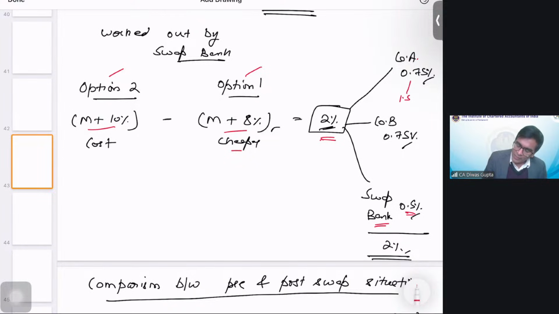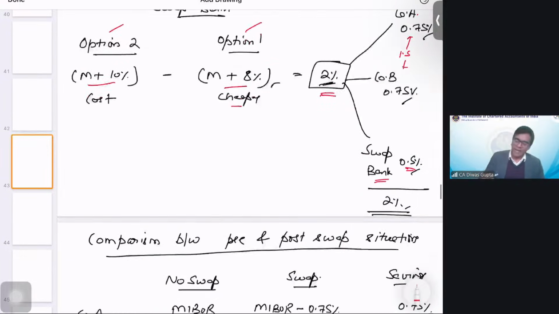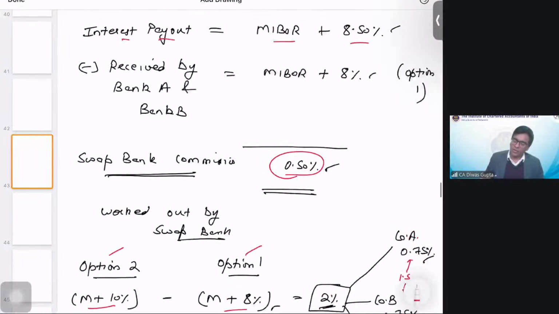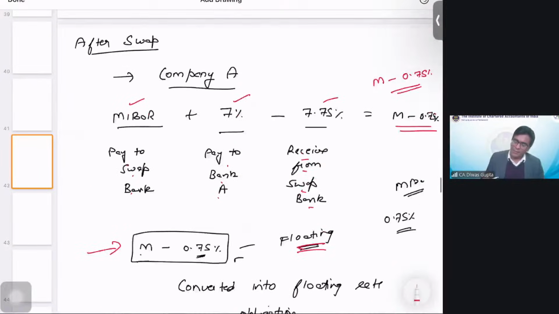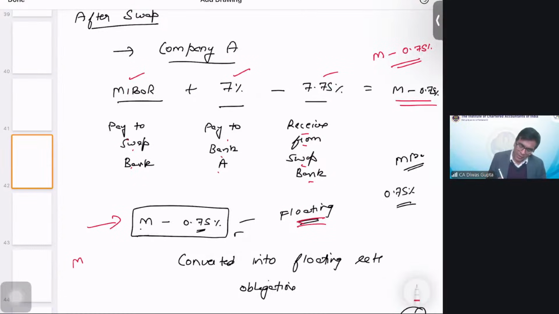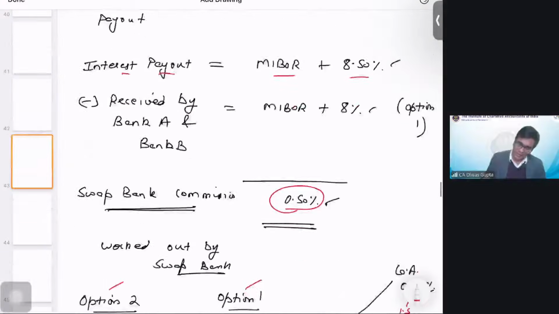So 1.5 will get distributed into 0.75 between company A and company B. And hence, if you see both of them, company A would have borrowed at MIBOR, but they are able to reduce it to MIBOR minus 0.75. So basically, this is how the computation has been done. So 0.75 company A has gained, and 0.75 company B has also gained, students.